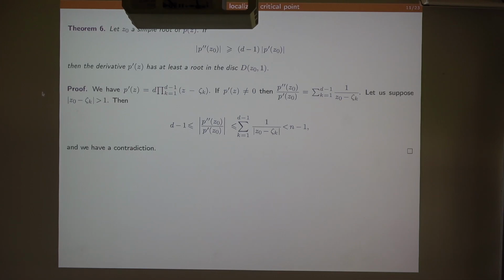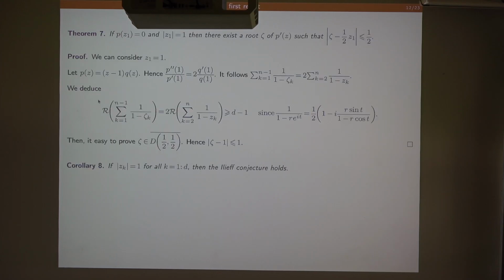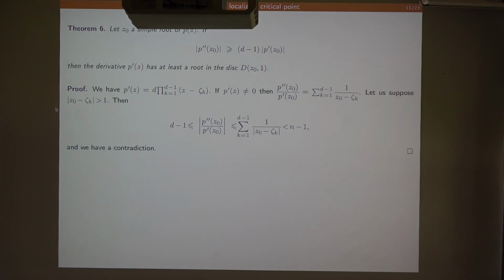And if you suppose there is no root of the derivative in this disk, then you have this inequality, and this inequality in fact gives the contradiction here. Here is D, it is not N, it is D. And this is not possible.